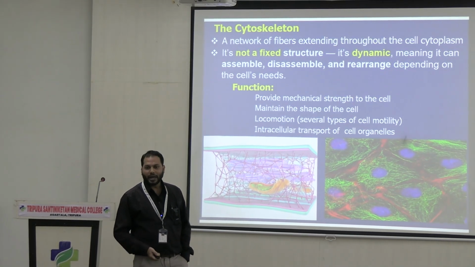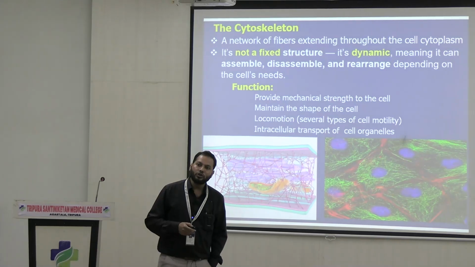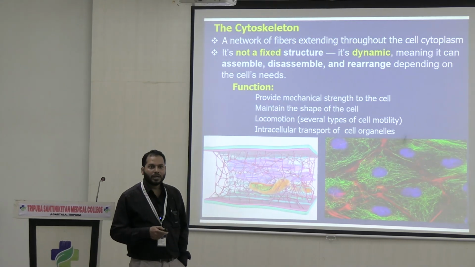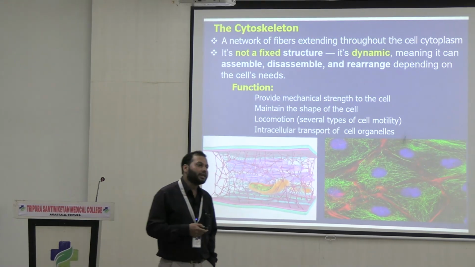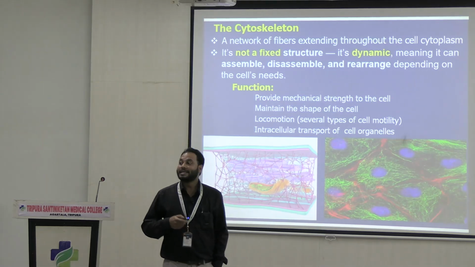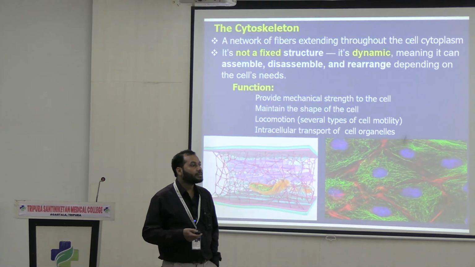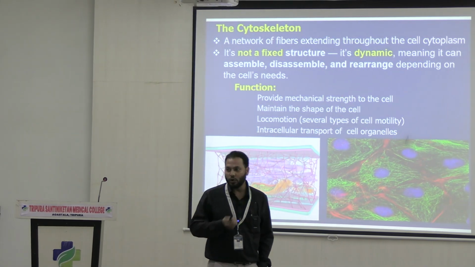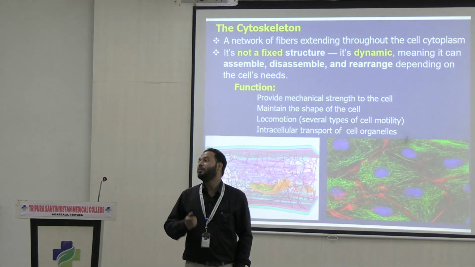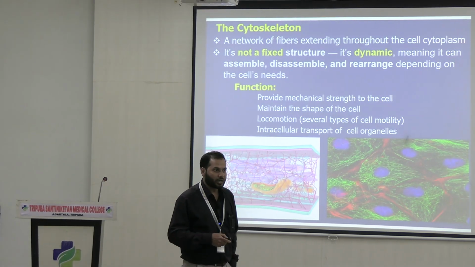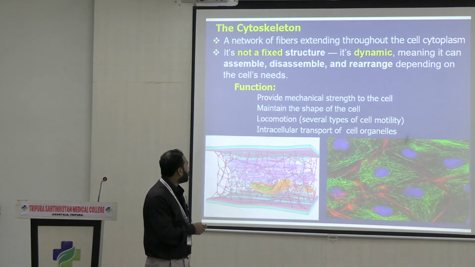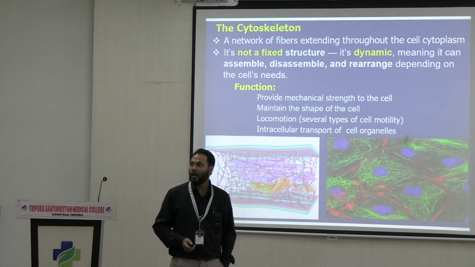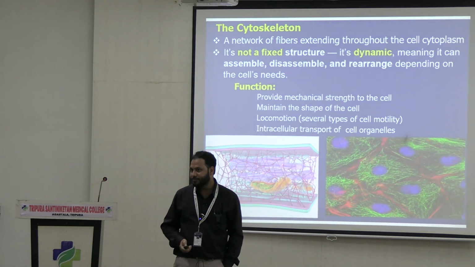Due to that dynamic nature, the cell can easily survive in different conditions. This dynamic nature means it can assemble, disassemble and rearrange depending on the needs of the cell.